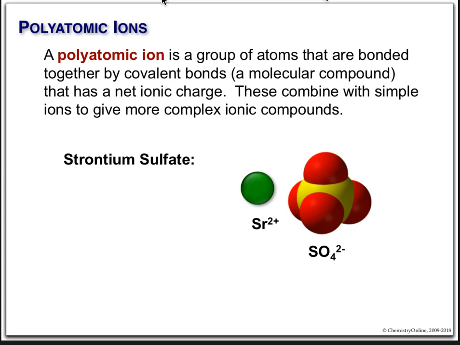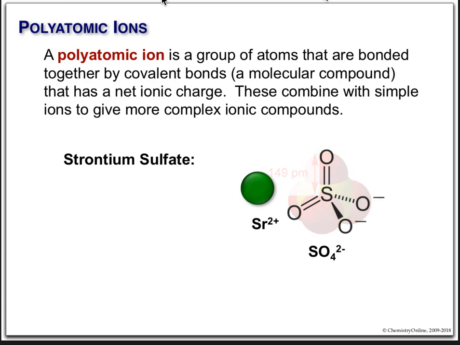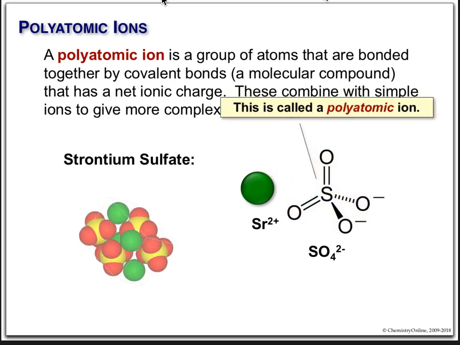The whole thing has a -2 charge. Think of it as a ball. We have one of these guys and one of these guys as units. Now, the sulfate actually looks like this. There's our sulfur in the middle, 4 oxygens around it.